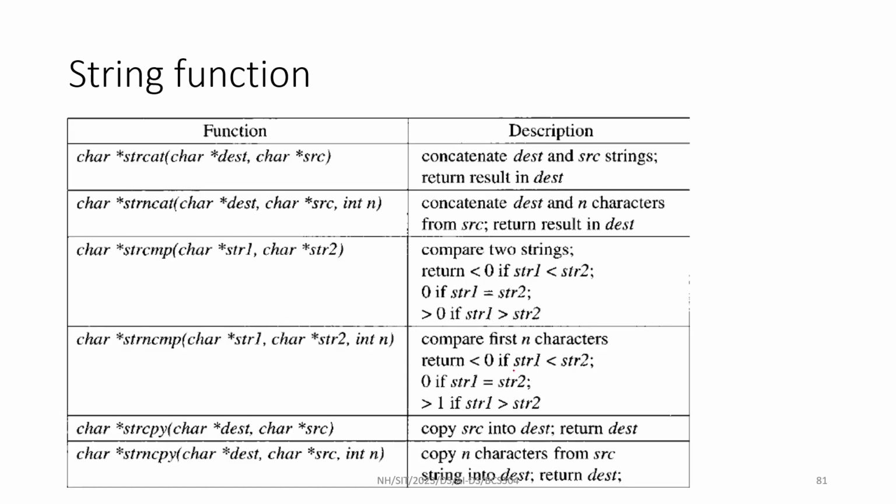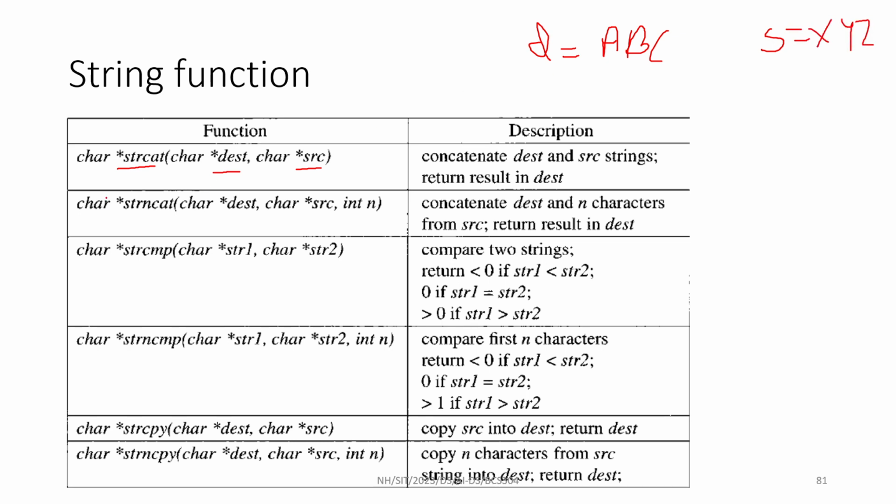Okay. Some of the C functions we'll see. The first function is the concatenate function. You are going to concatenate the source after the destination. Let us take the destination string as ABC and the source string as XYZ.